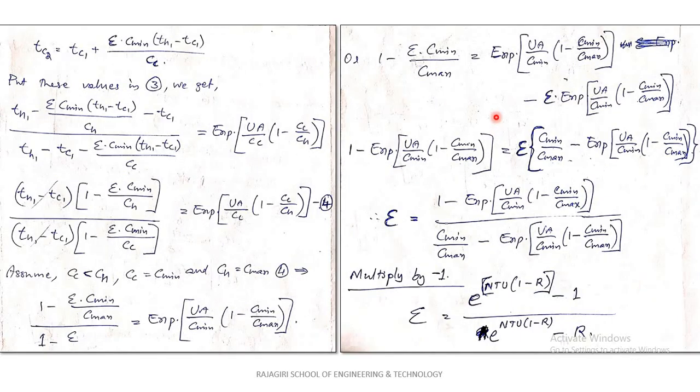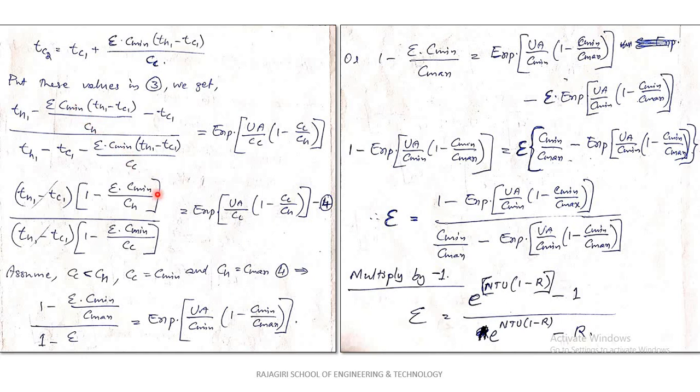That will be Tc2 is equal to Tc1 plus Q over Cc. Put these values into the previous equation, so you will get it like this. Here Th2 is in the numerator and Tc2 is in the denominator.